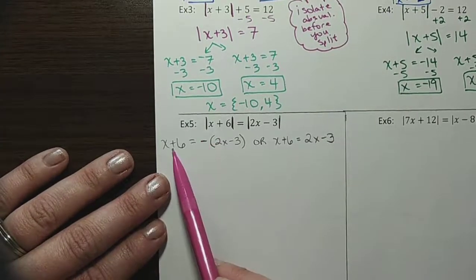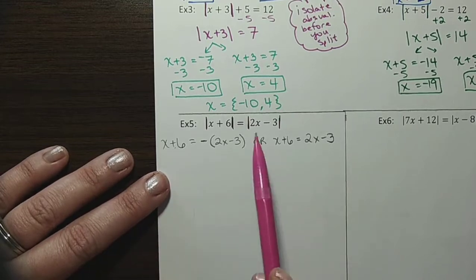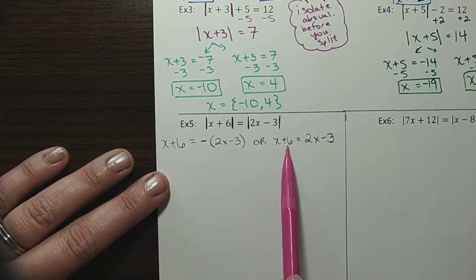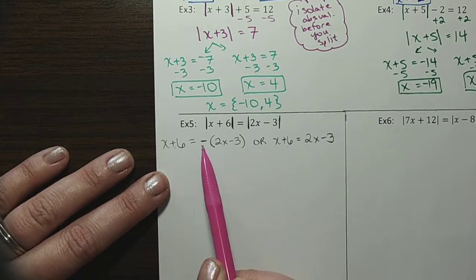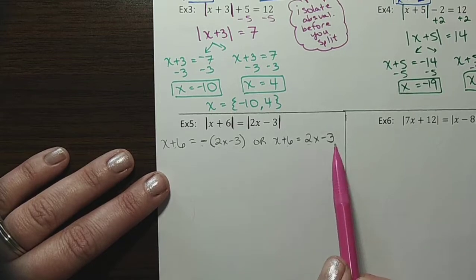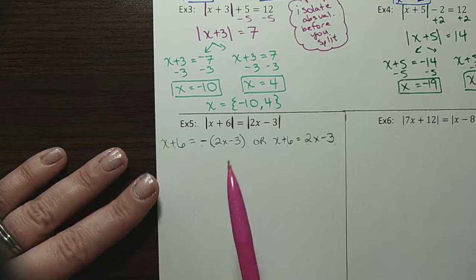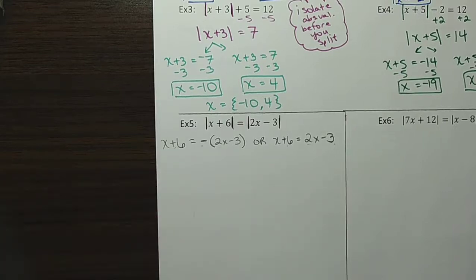Notice that the signs aren't changing. This is plus 6, it's still plus 6. Sometimes our brain switches those signs. This is plus 6, that's plus 6. What changes is the sign in front of the other expression. This is still 2x minus 3. This is still 2x minus 3. The only difference is this guy has a negative in front. So be careful with that.